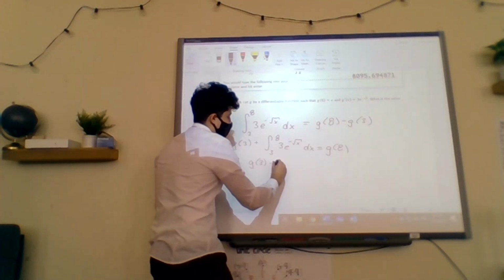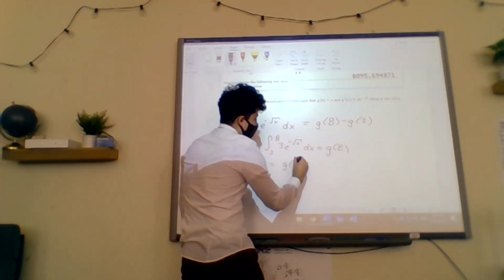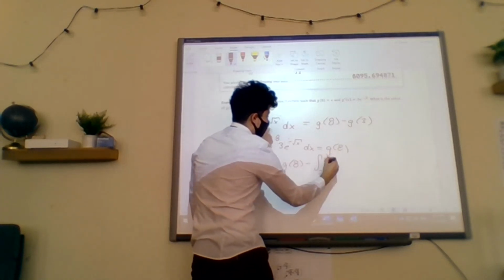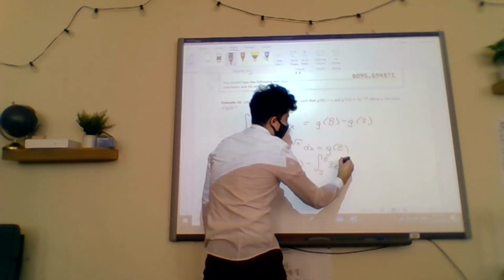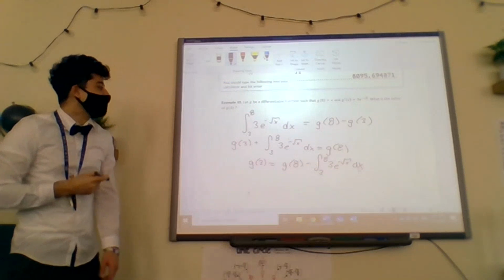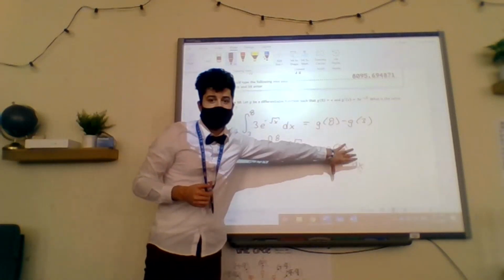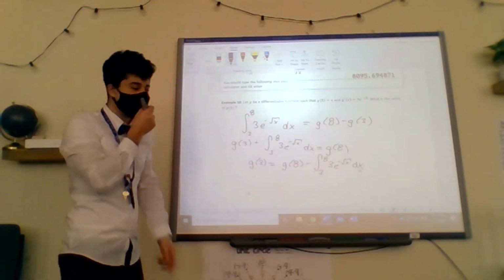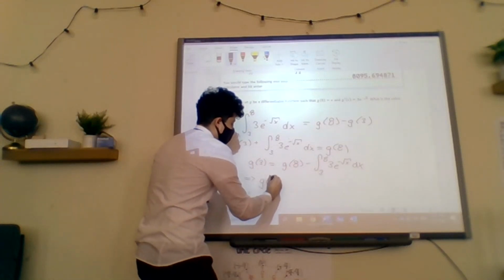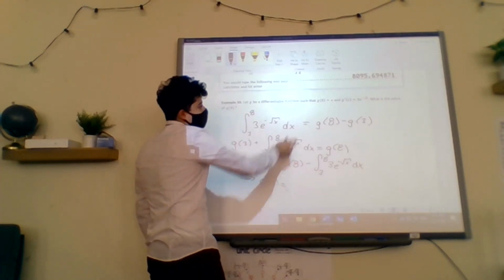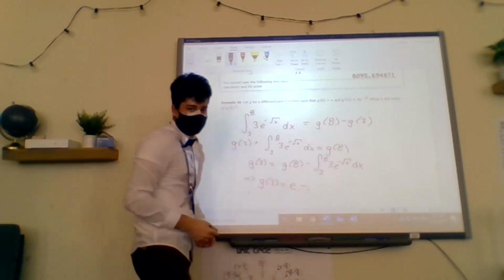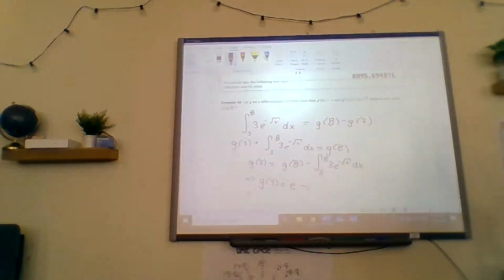So g of 3 equals g of 8 minus this integral from 3 to 8 of 3e to the negative square root of x dx. Cool. And then we know what this is. We can find out what this is using our calculator, and that gives us g of 3. All right, so that implies that g of 3 is equal to g of 8, which was e, minus whatever this integral is. So let's find out what that integral is.